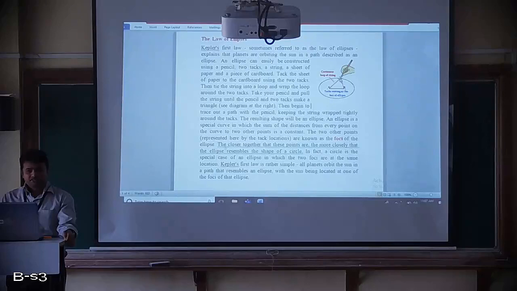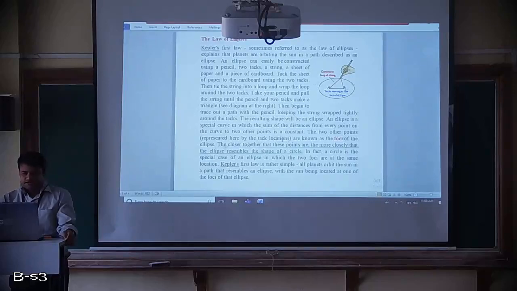If you hold this and draw around the tacks, it will form a special circle that is called an ellipse. Like this, your planets also will move around the sun as a center. These two points, tack one and tack two, are called foci. That means the orbital movement will be in the form of an ellipse here.